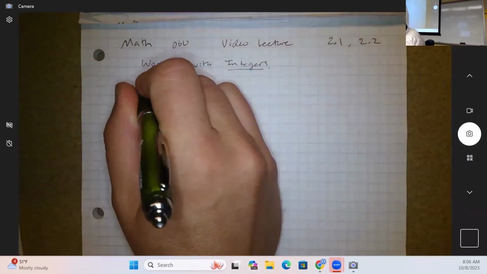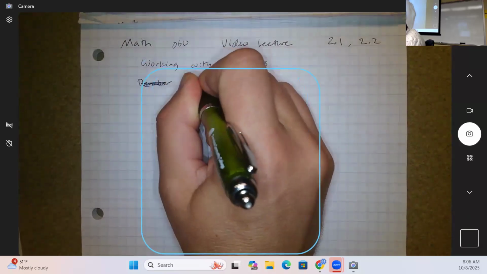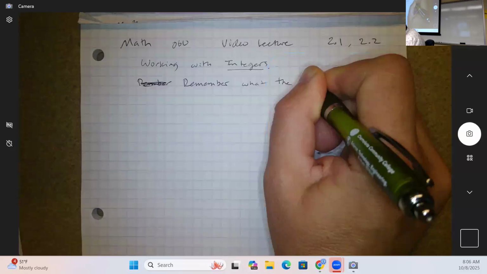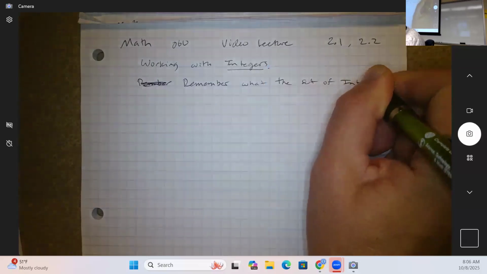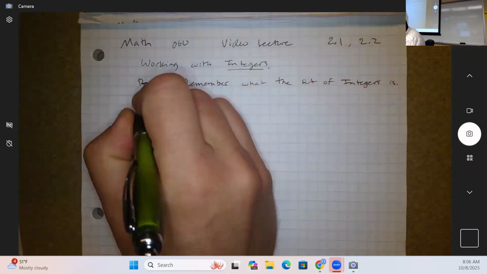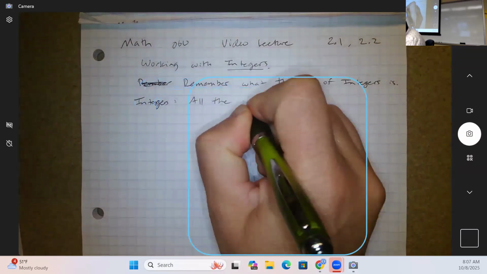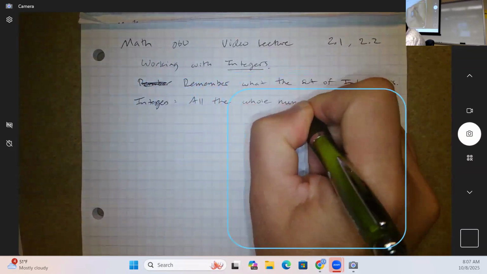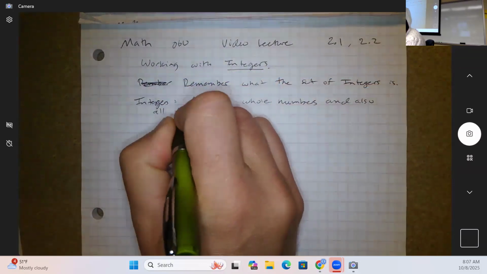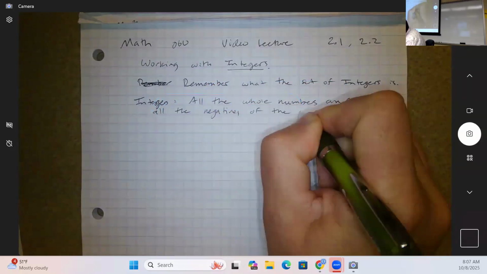So let's remember what the set of integers is. The integers are all the whole numbers and also all the negatives of the whole numbers.